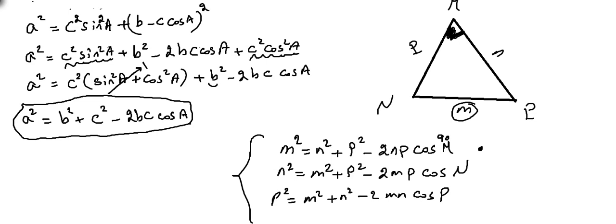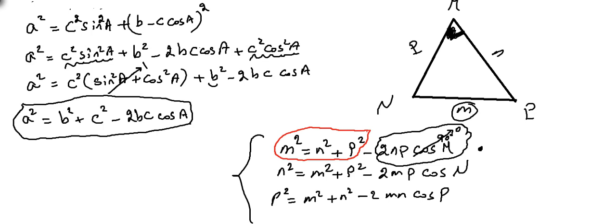If M is 90, cosine 90, we all know, is 0. 0 multiplied with all this factor will be 0. So what is left is simply the Pythagorean relation, which is M squared equal N squared plus P squared. So this is the general formula we use, and the Pythagorean relation is one of the particular cases of this, because the triangle will be a special triangle.